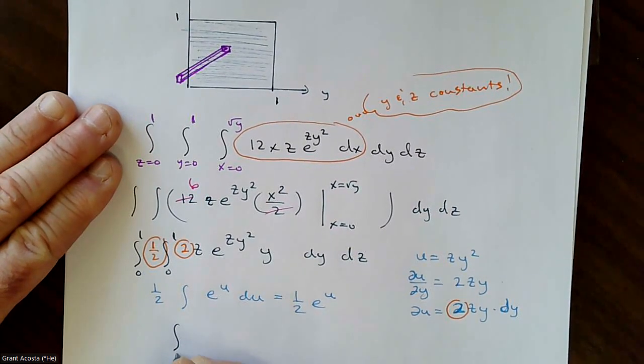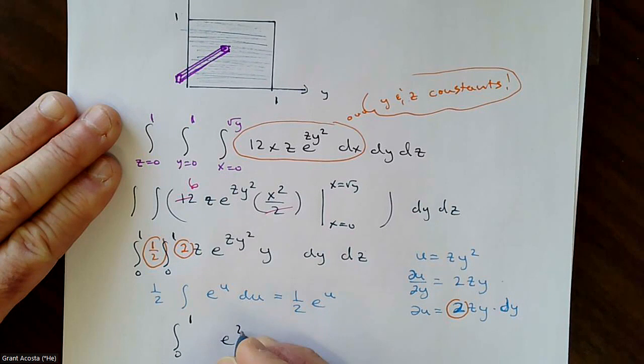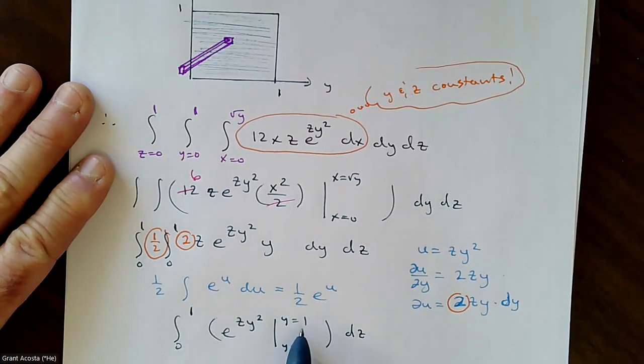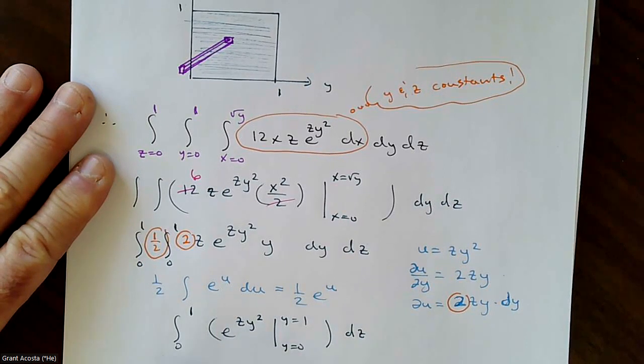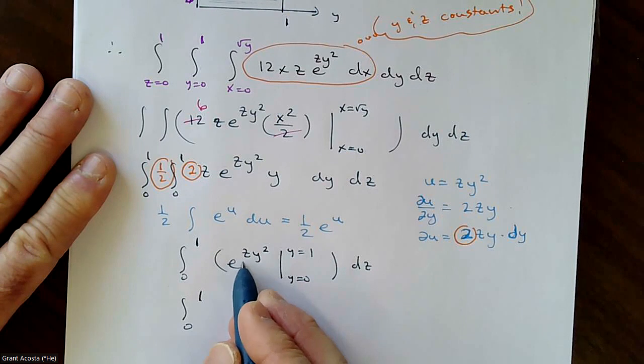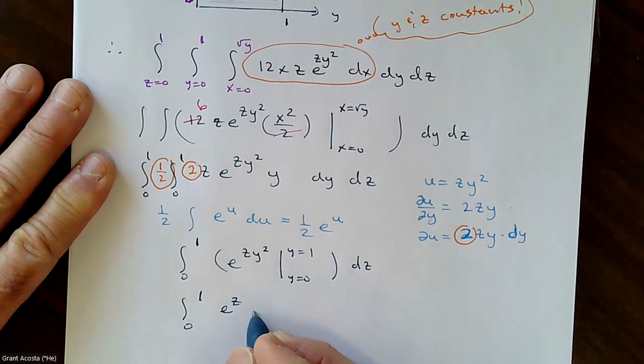So I'm going to have e to the zy squared. We integrated this one with respect to y, so those limits would be from y equals 0 to y equals 1. And then I still have one more integration to go with respect to z. If y is 1, I'm going to get e to the z.